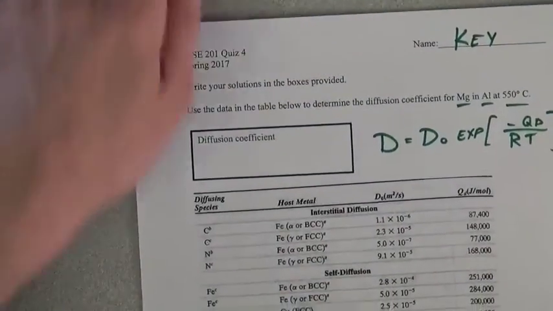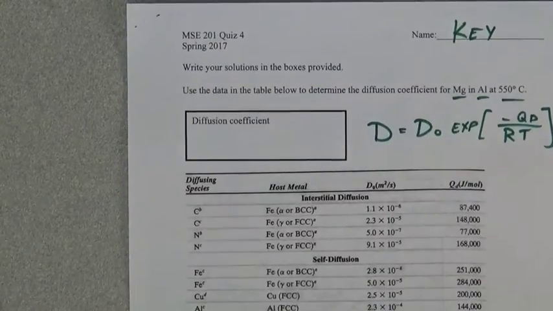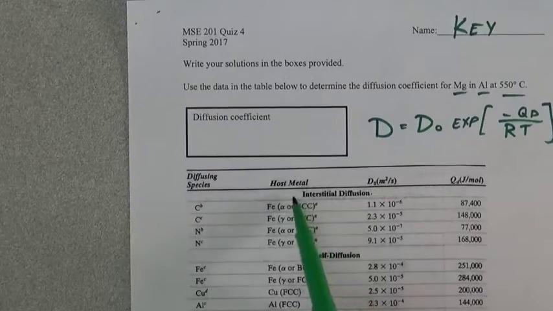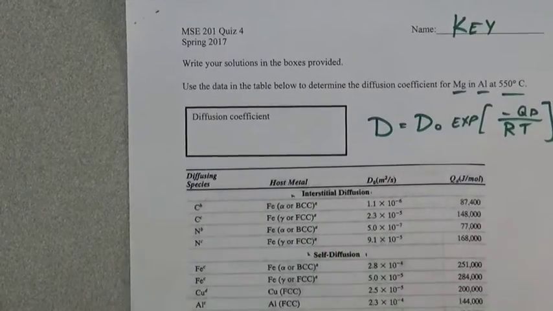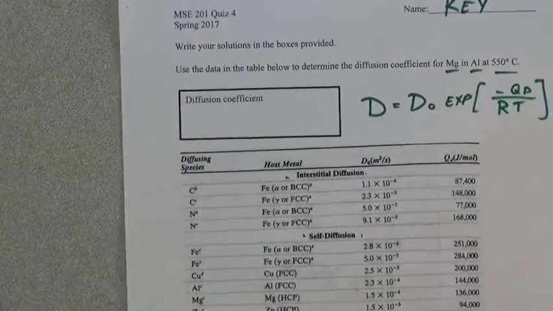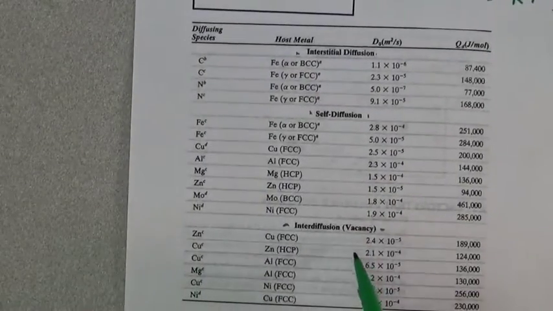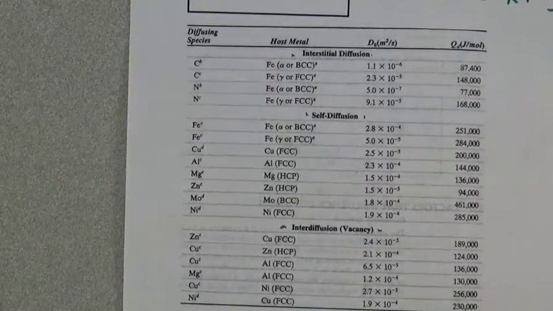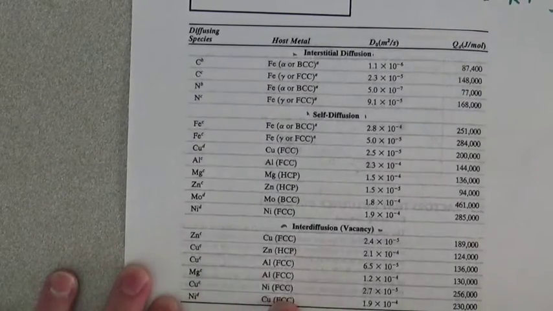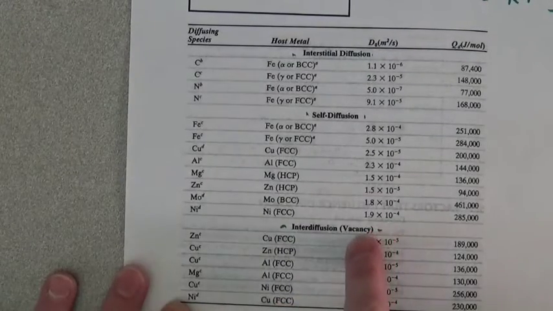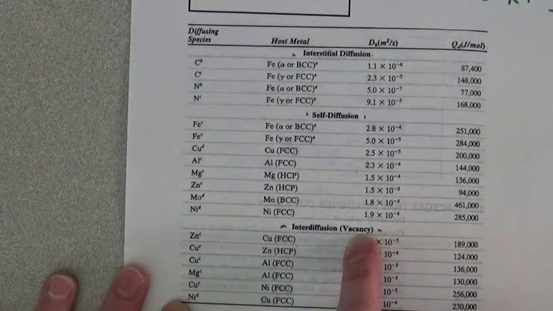The next thing to point out is that looking at these, there's data for interstitial diffusion, data for self-diffusion, and data for interdiffusion. And in particular, this has the word vacancy in parentheses. So this is interdiffusion of one diffusing species into a host species, given that vacancies are assisting in the process.